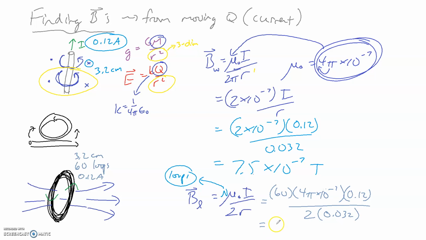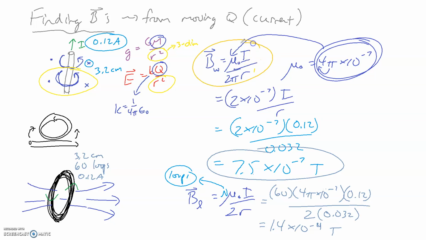And let's see, that should give us about 1.4 times 10 to the negative 4 Teslas, okay, which is considerably more than what we had here. So you can see that making it a loop makes it stronger. Then you add a whole bunch of loops to it, you get a way stronger magnetic field. So these are our two expressions.